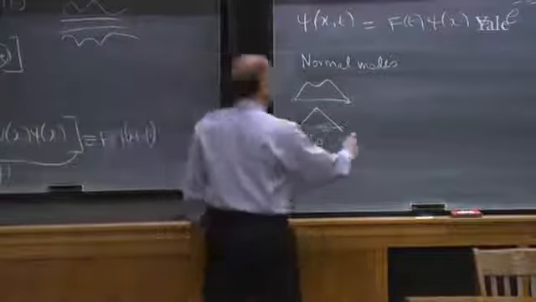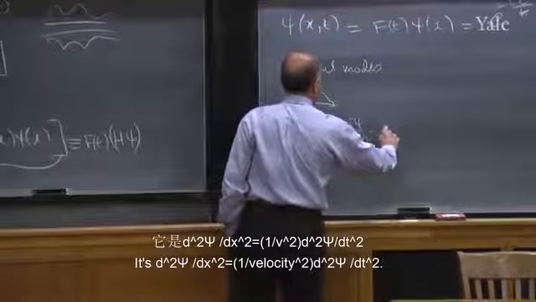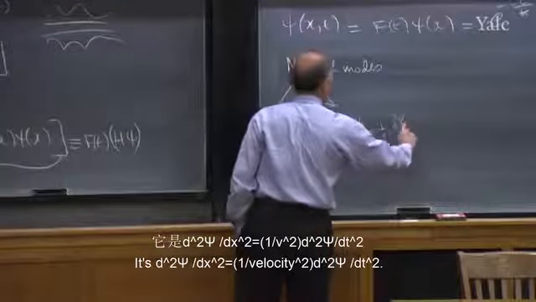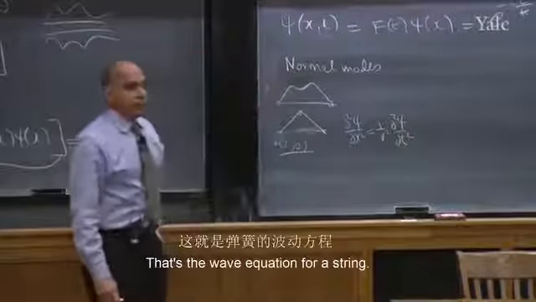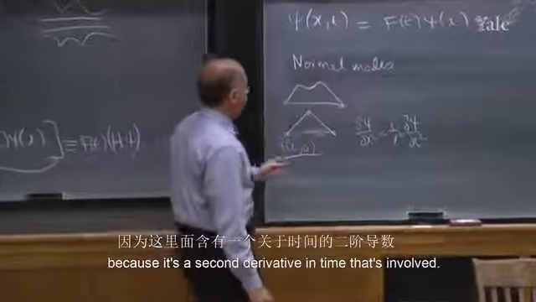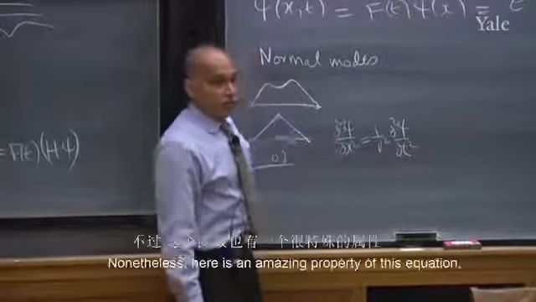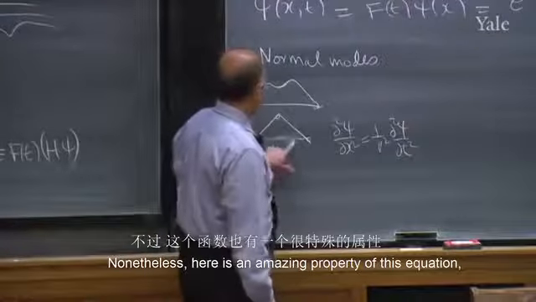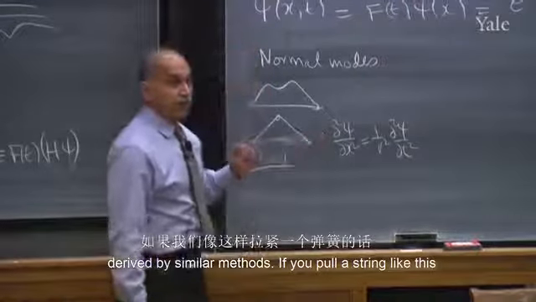I remind you what that equation is: d2 psi over dx squared minus 1 over velocity squared d2 psi over dt squared. That's the wave equation for a string. It's somewhat different from this problem because it's a second derivative in time that's involved. Nonetheless, here is an amazing property of this equation derived by similar methods.